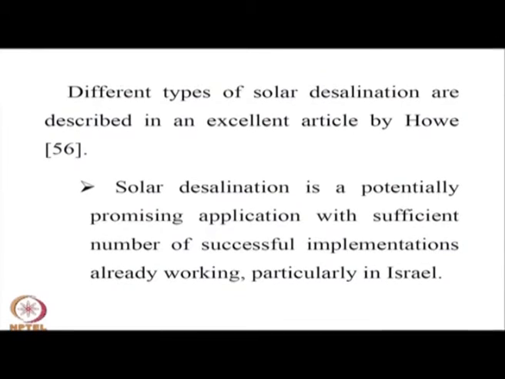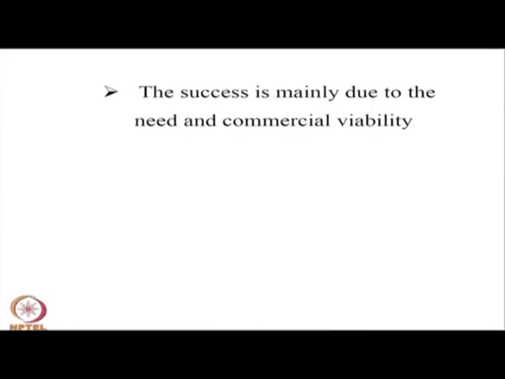So, this is all the principle. Of course, you can see the article by Howe in reference number 56, where different types of solar desalination are described. It is a potentially promising application with a sufficient number of successful implementations, particularly in Israel. There are many solar desalination units, even to feed their citrus fruit gardens.